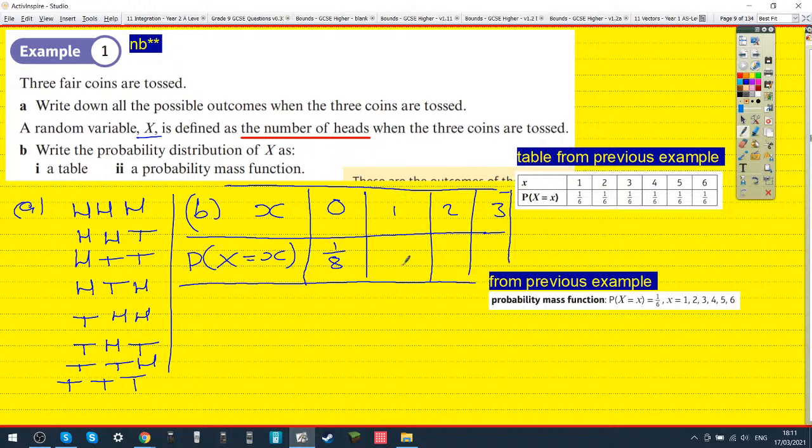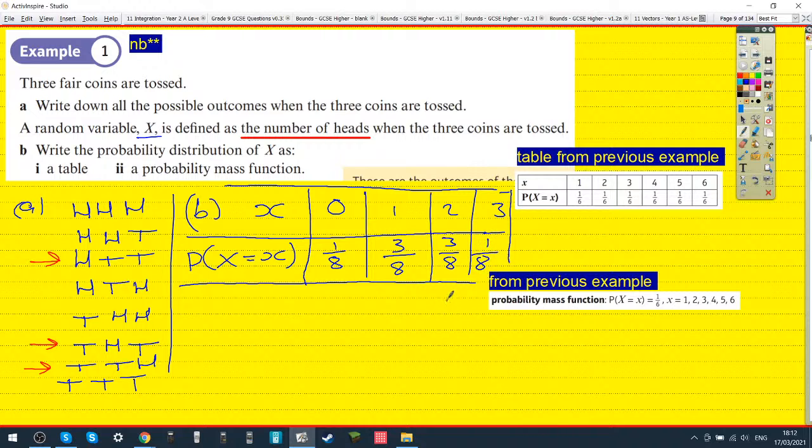How many have one head? 3 of 8. And 2 heads, 3 over 8 as well. And then 1 over 8.